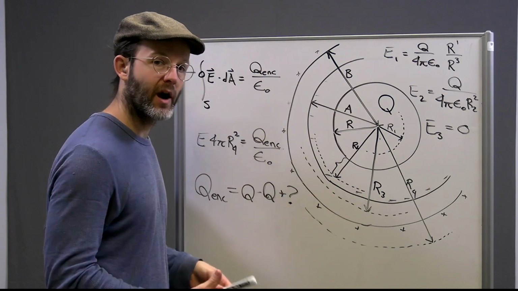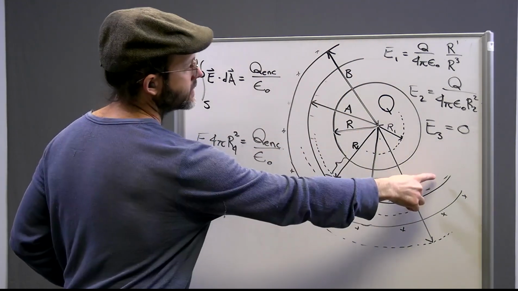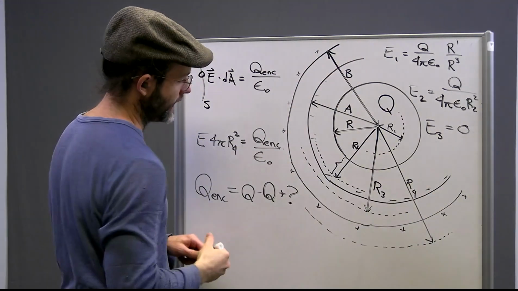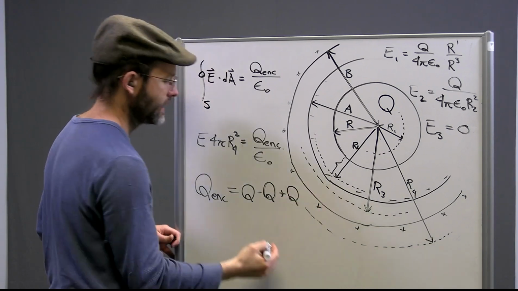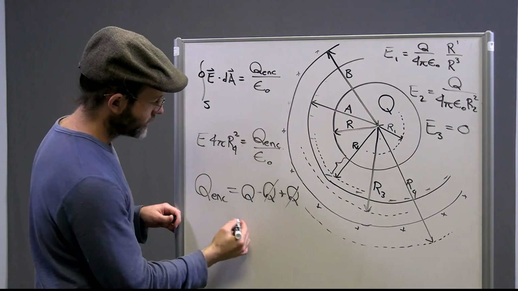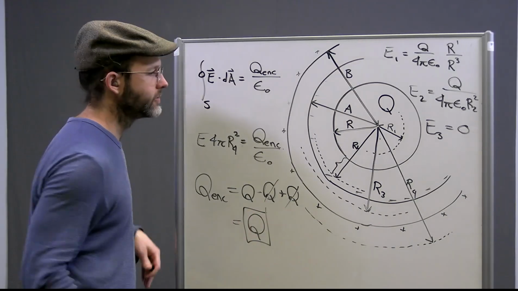So we have positive Q, negative Q, and then positive Q again. So this mystery charge is now positive Q. These two cancel, and Q enclosed is just Q.